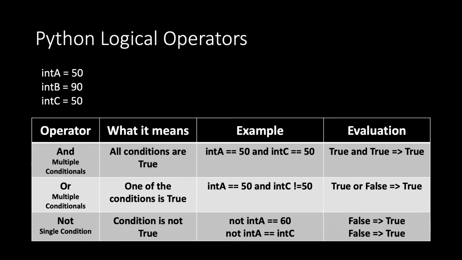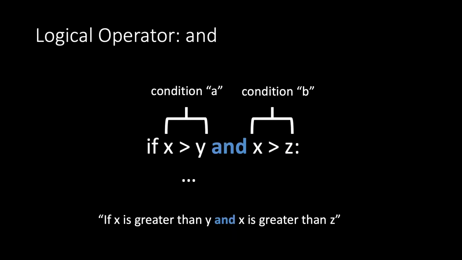The AND and the OR logical operators, you can see here they take multiple conditions, so two or more conditions. They allow us to extend the functionality of our if statements. The first logical operator we're going to look at is something called AND.